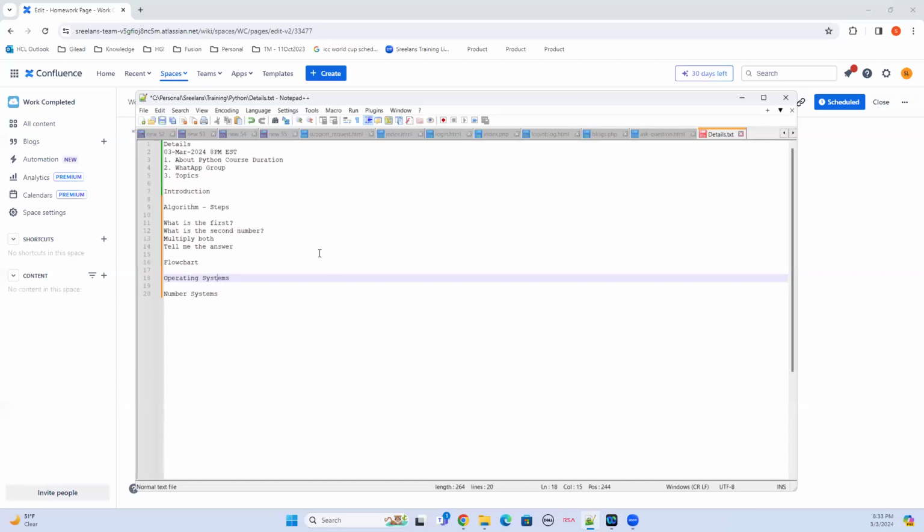Similarly, around 12 or 1 o'clock, in the lunchtime, you feel hungry again. Evening time, you need some snacks. Dinner time, again you need some food. And if you eat more, sometimes you say, no, I'm not hungry.